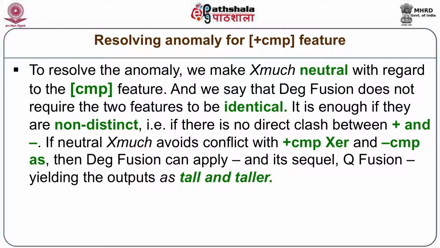You cannot have a theory where xmuch carries minus comparative in 11 and plus comparative in 10.